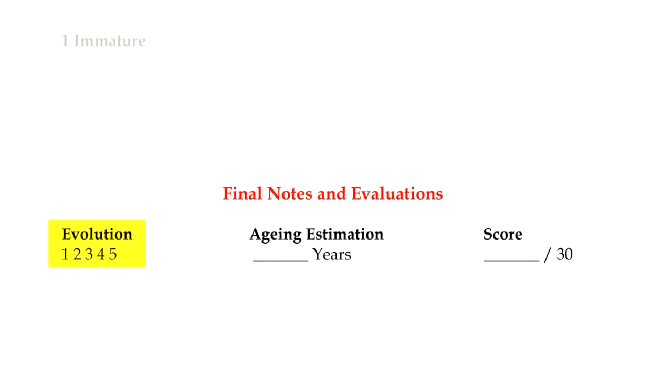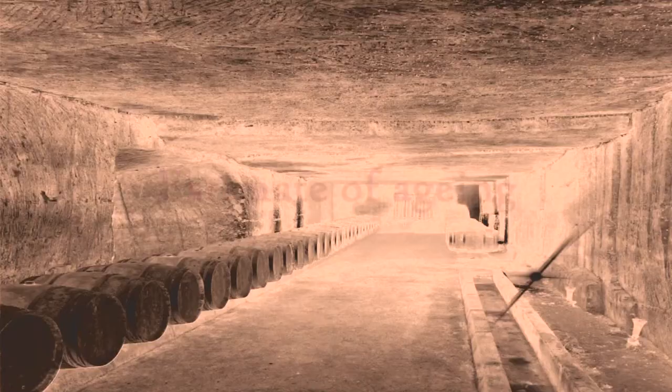In this case, its evolution would be minimal and the score to be assigned is 1. The value 2 identifies a young wine, 3 is for ready wines, a value of 4 indicates a mature wine, while a value of 5 indicates a wine which is too old to be considered drinkable. The two extreme values represent a flaw.